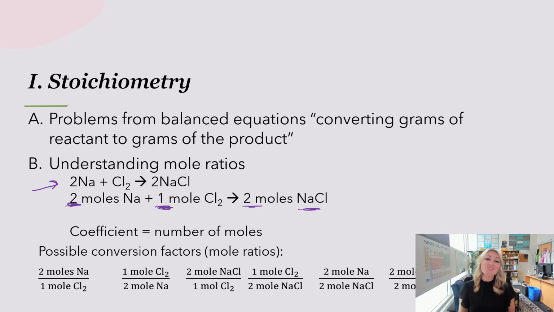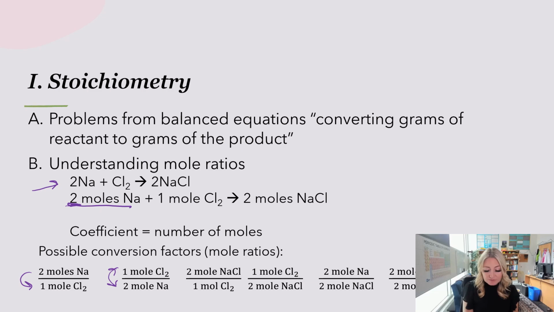These are all ratios. Looking at this list at the bottom, these are all the possible conversion factors or mole ratios that I have from this balanced equation. I know that there are 2 moles of sodium for every 1 mole of chlorine. I could also flip that same thing on its head.